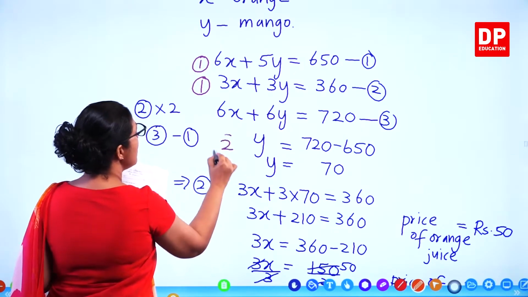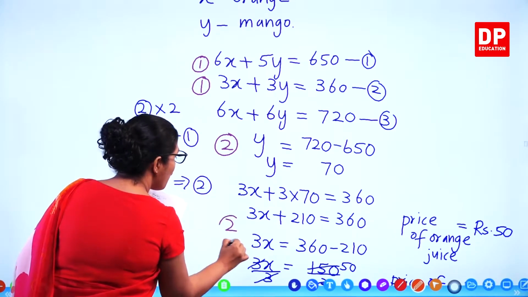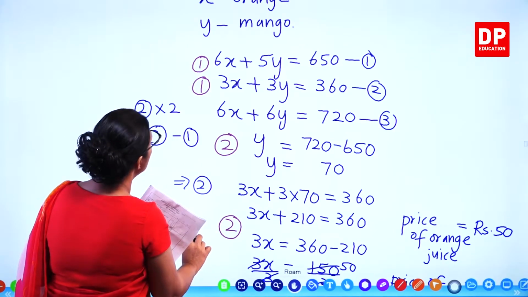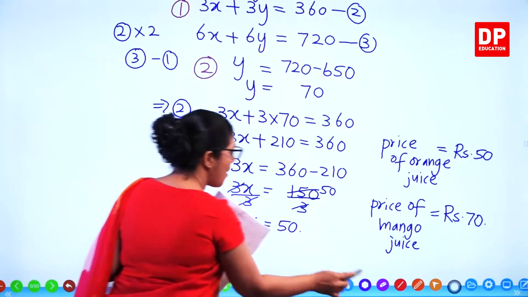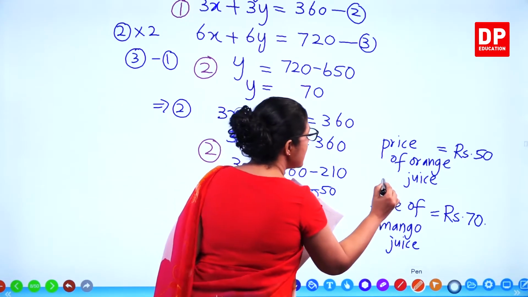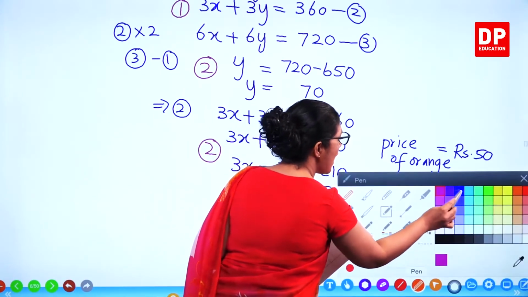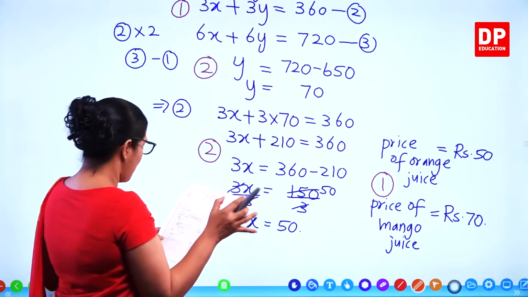Then 2 here to find y. Another 2 for finding x. So 2, 2, 2, 6 there, and 1 mark for writing down the values separately. So 7 marks for that.